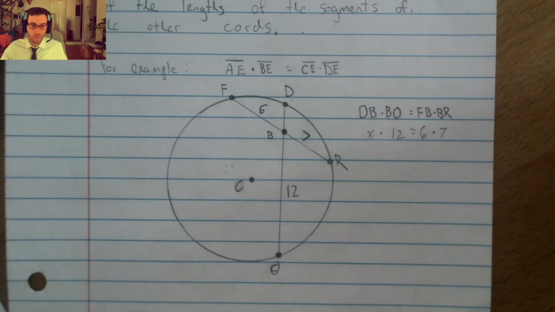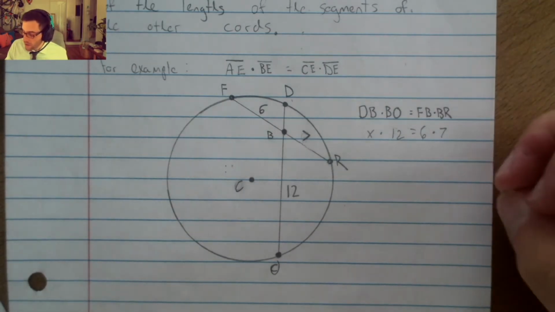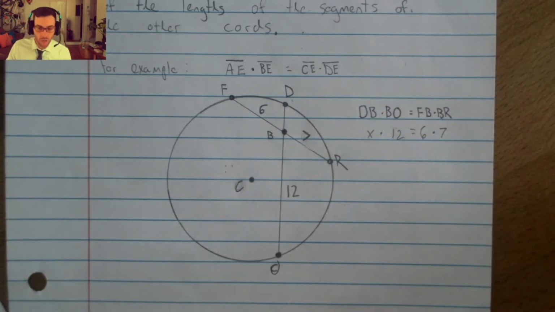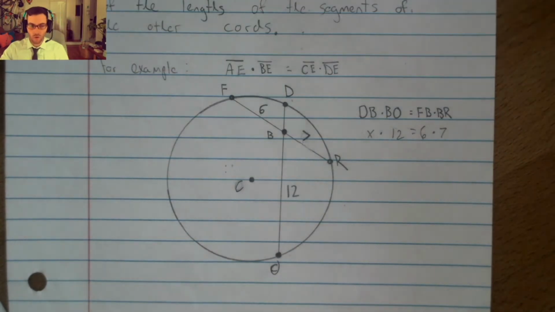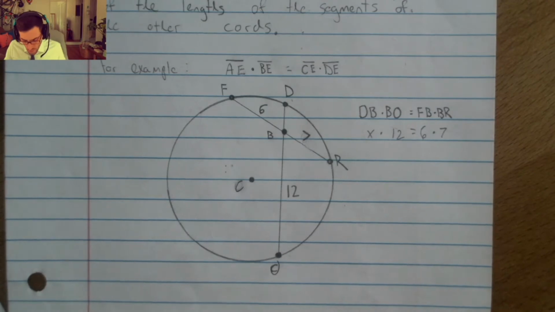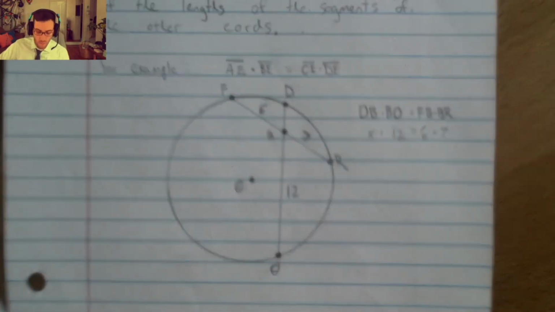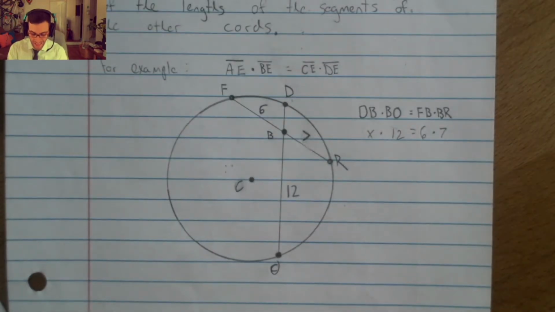Here, all we would end up doing is combining 6 times 7 to give us 42, dividing by our value of 12, and setting it all equal to x. So right there, we just break down to some basic algebra questions from last year.